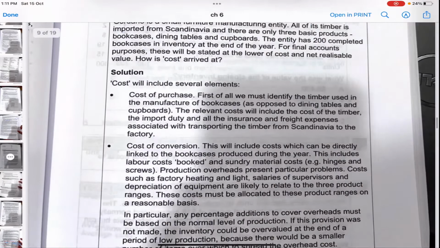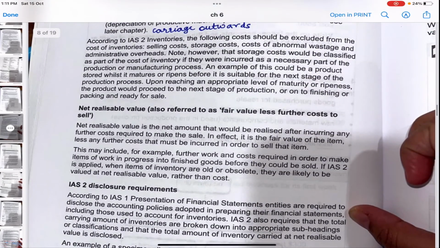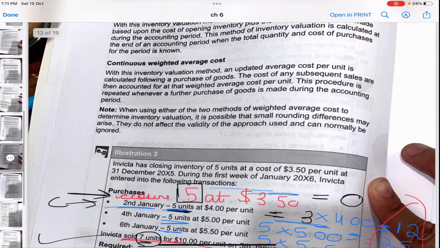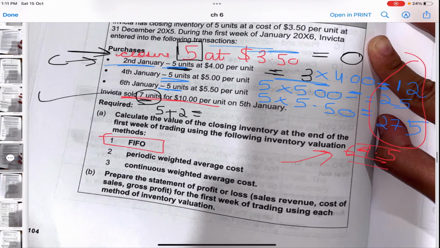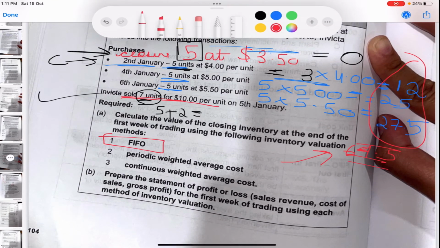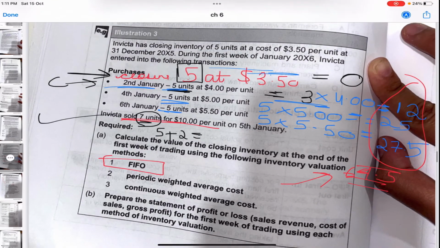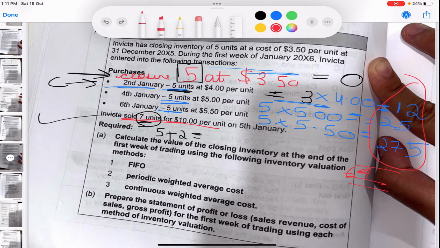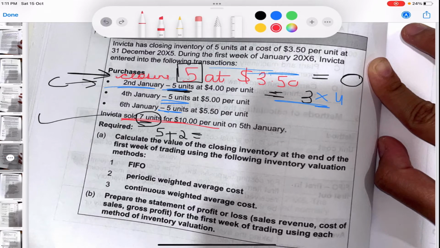Okay, so let's go back to our Invicta question. Yeah. I'm erasing the FIFO method now, because I will be explaining the periodic method. Again, we have Invicta having the closing inventory of 5 units at a cost of 3.50 per unit at 31st December 2005.